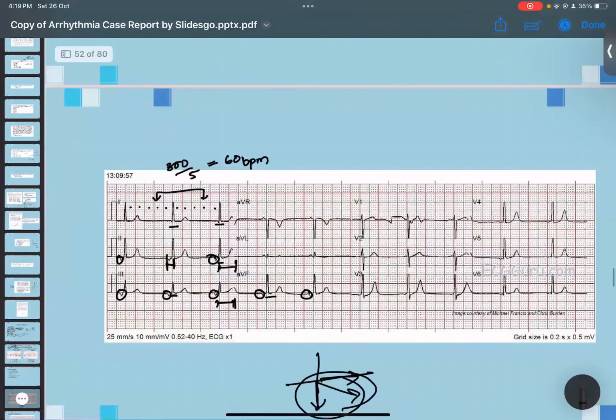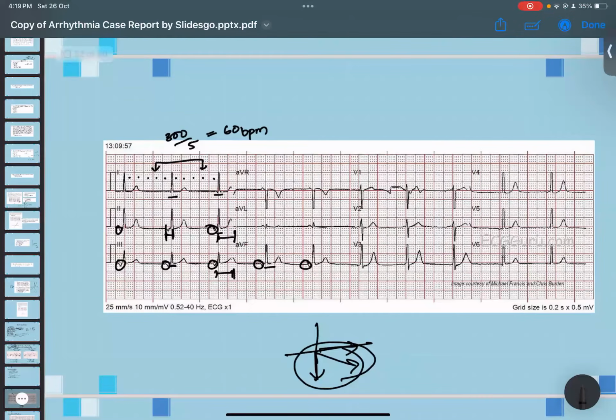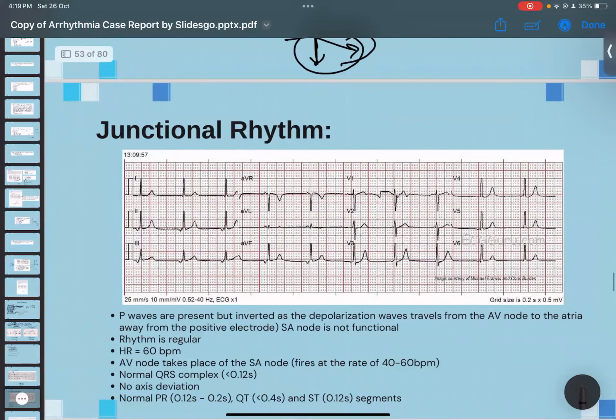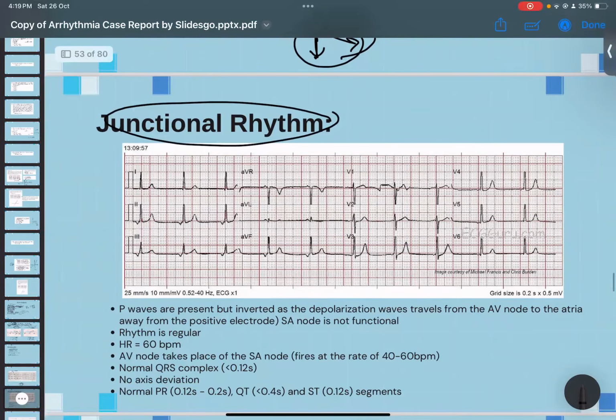All right, now the one finding that we found was abnormal was an inverted P wave, okay? Now, where would you see an inverted P wave? In a junctional rhythm. Basically, in a junctional rhythm, your SA node is not functional, okay? Because if your SA node was functional, it would produce an upright P wave. But because it's not functional, you're having an inverted P wave, mainly because now it's the AV node generating the heart rate.